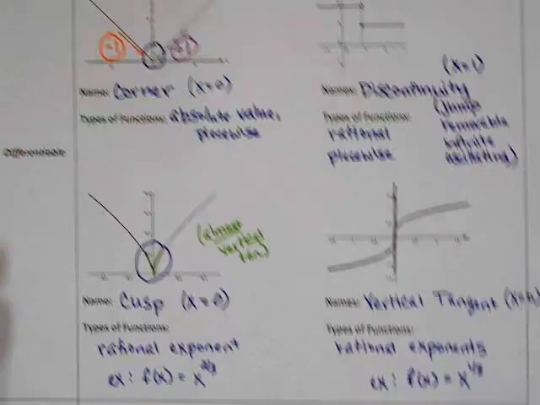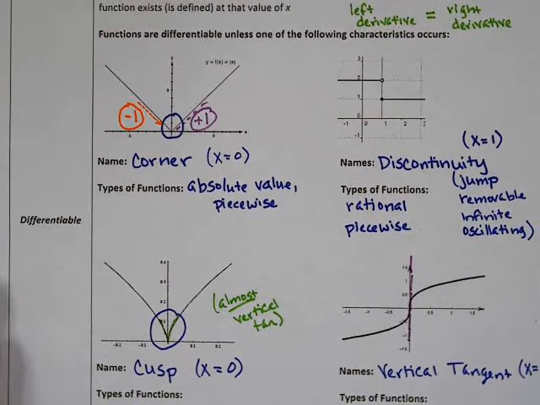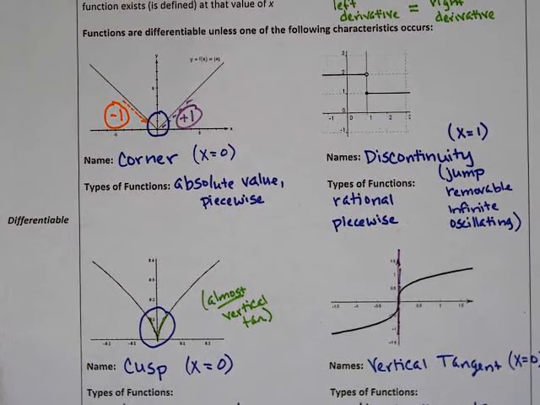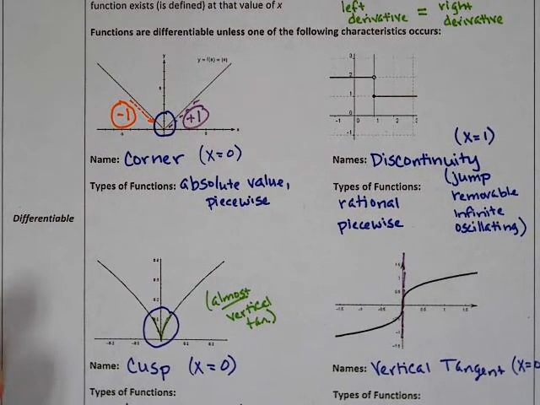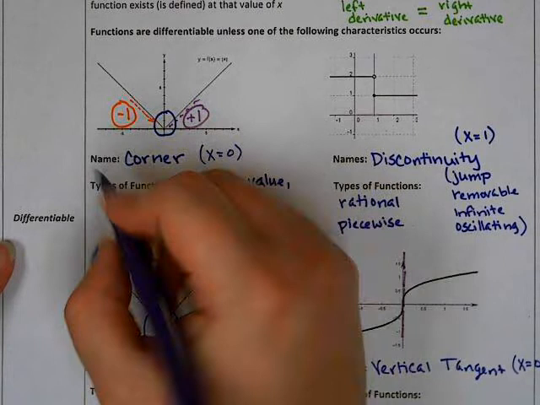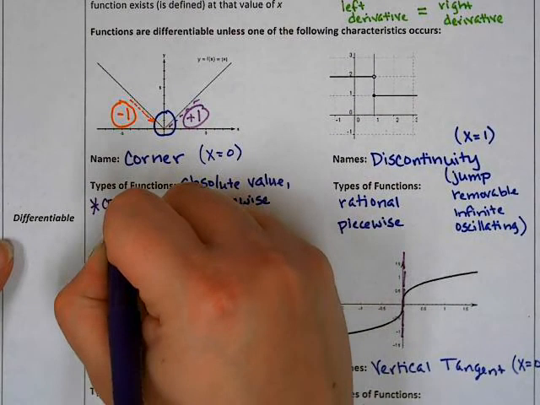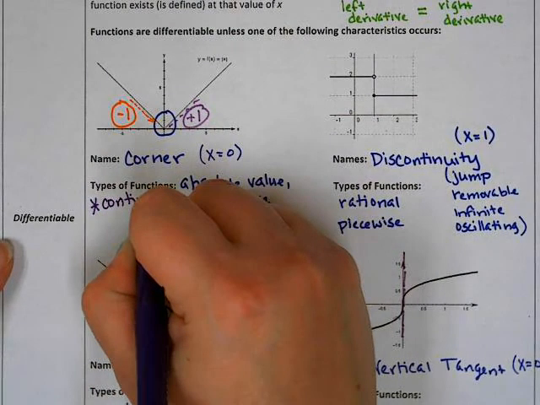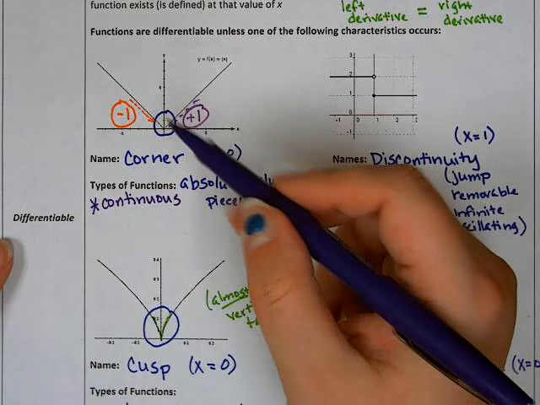Now there's something that I want to point out to you guys as we look at these 4 different examples. In example 1, this function is continuous. This is one smooth piece.